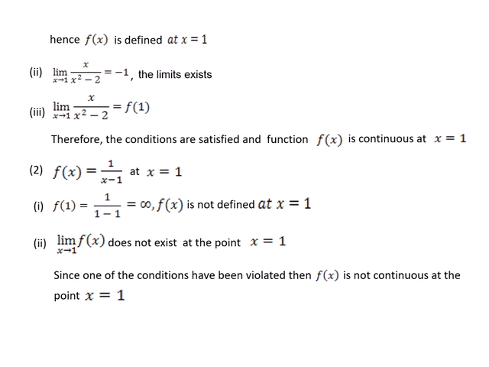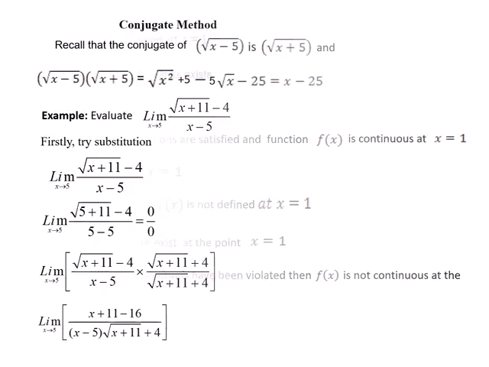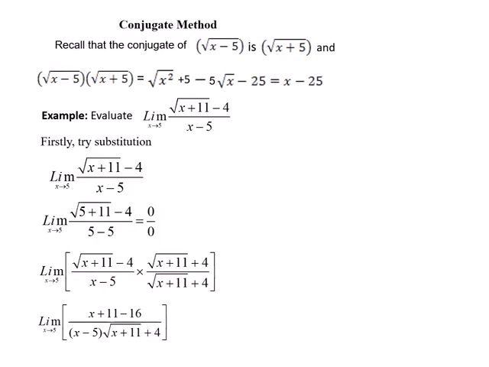It does not exist, since we substituted and got infinity. And since one of the conditions has been violated, f of s is not continuous at the point s equal to 1. We move to the next method, where we have a conjugate method.